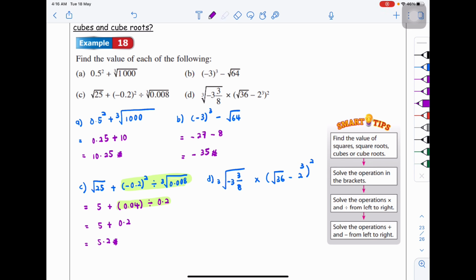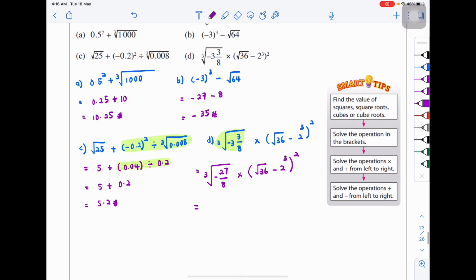Let's change this part into an improper fraction. So we have negative 3 times 8 is 24, 24 plus 3 is 27. So we have negative 27 over 8, times square root 36 minus 2 to the power of 3 bracket square.